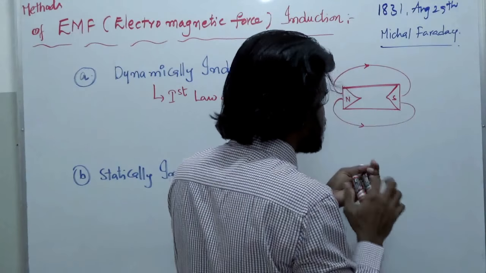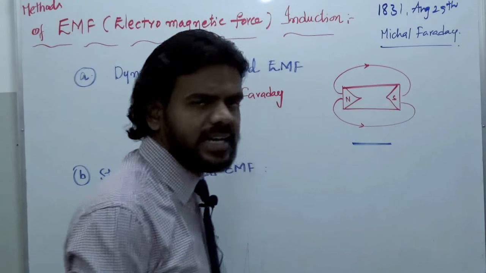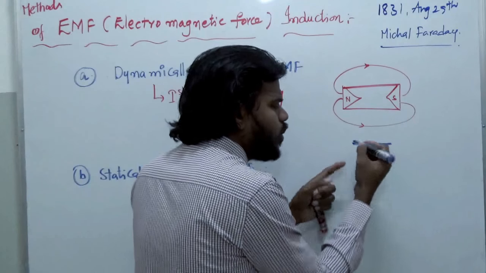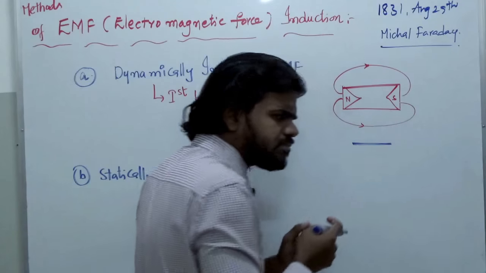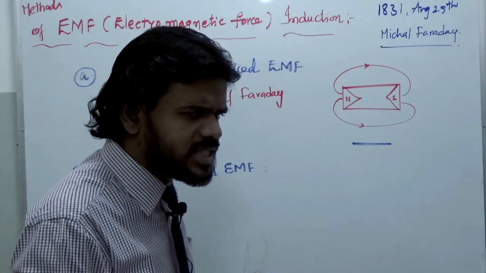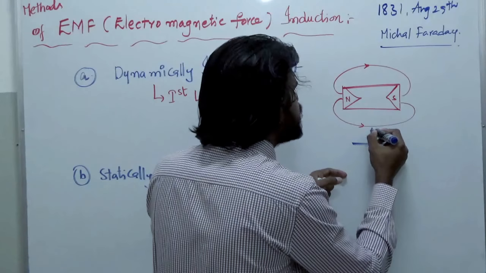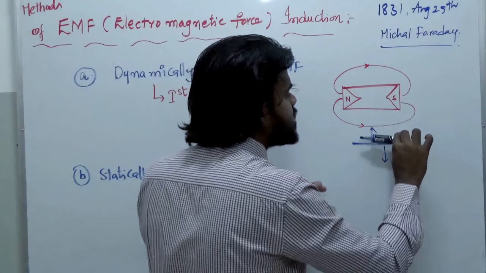Now, what I do, a blue line, I take a conductor. So what is Faraday's first law saying? Whenever a conductor cuts the flux. Now I just move it towards and away, something like this.